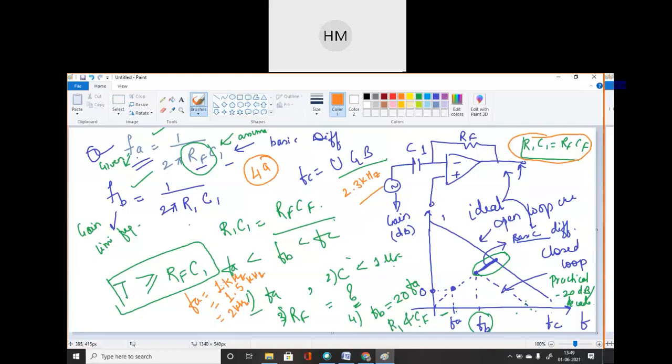FA for the first 5 students is 1 kilohertz. Next 5 students, it is 1.5 kilohertz. Next 5 students, it is 2 kilohertz. And for the last batch it is 2.3 kilohertz.